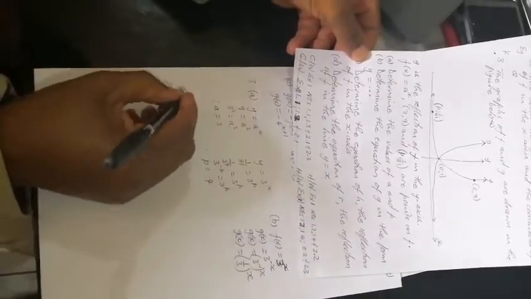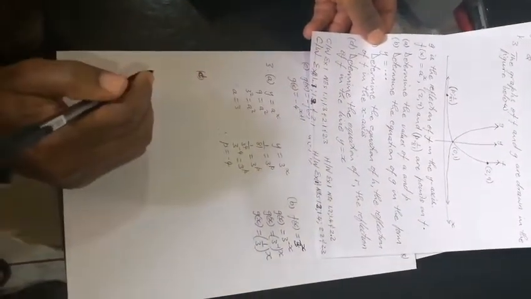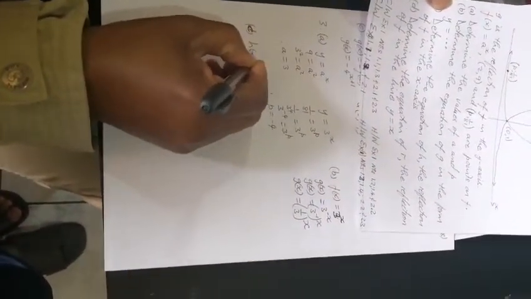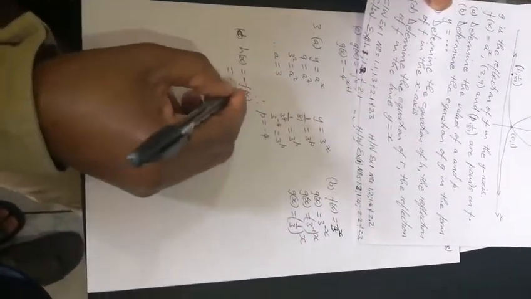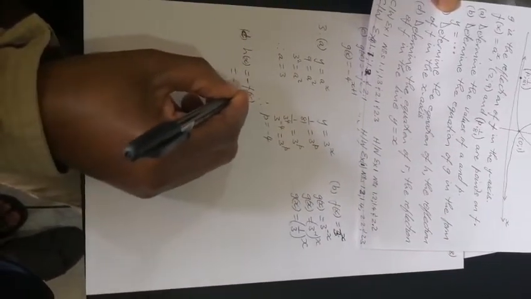What happens? When we reflect in the x-axis, y is negated. So our h of x will actually be equal to minus f of x, which then gives us minus 3 to the power x. This is the function h of x.